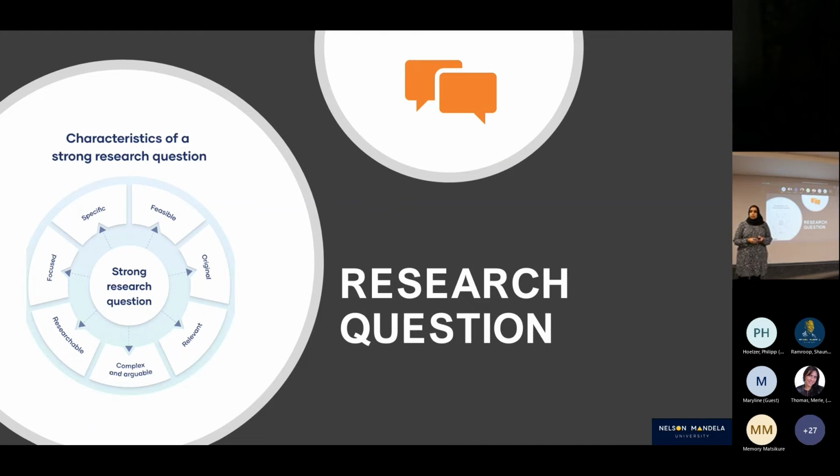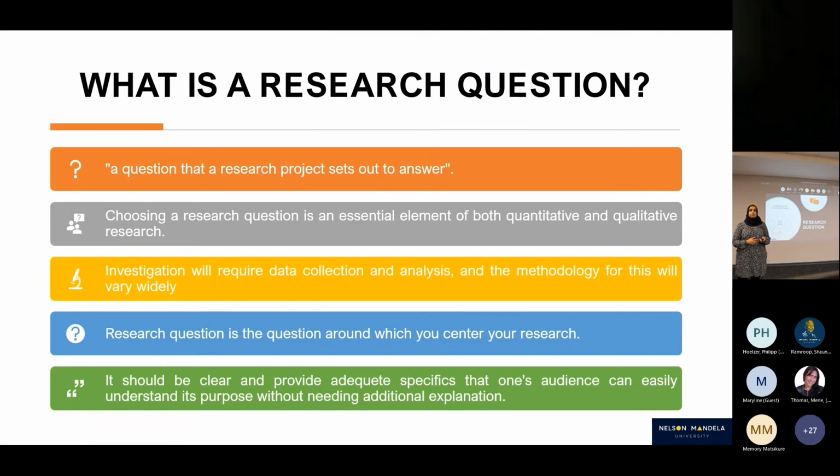It should be researchable, and it should be very much focused. So when you're looking at the title of your research, whatever domain of research you're going to be researching in, your research question needs to be very much focused around that. So the research question, like I said, is exactly that. It is the question of the research.